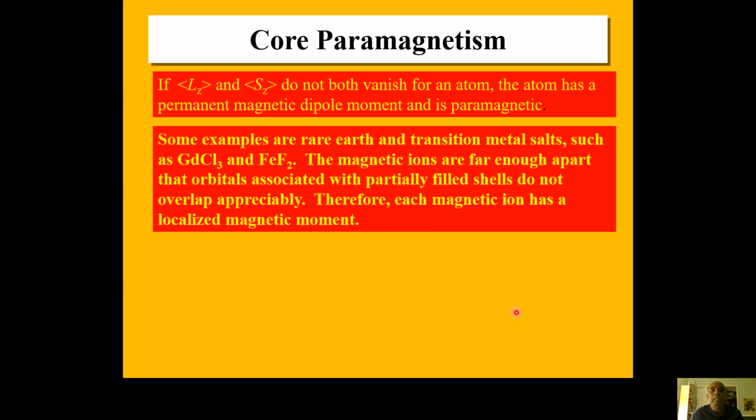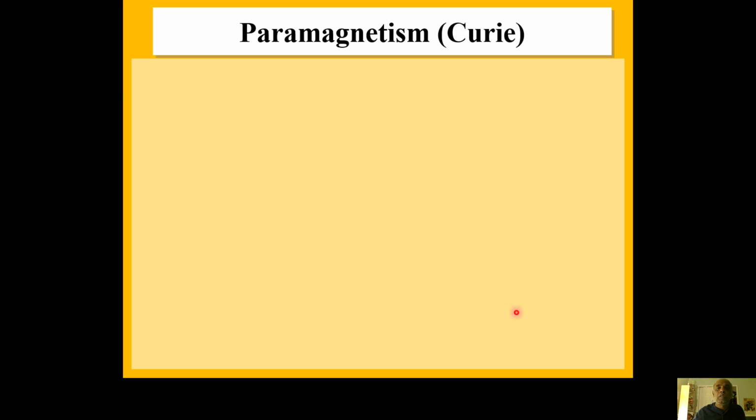Some examples are gadolinium chloride and iron fluoride. They have these paramagnetic properties because they have permanent localized magnetic moments. That paramagnetism we call the Curie paramagnetism. Initially we talked about the Langevin diamagnetism.